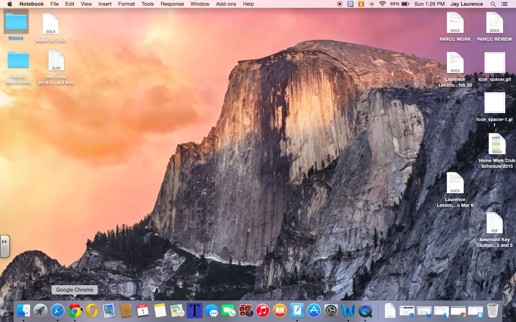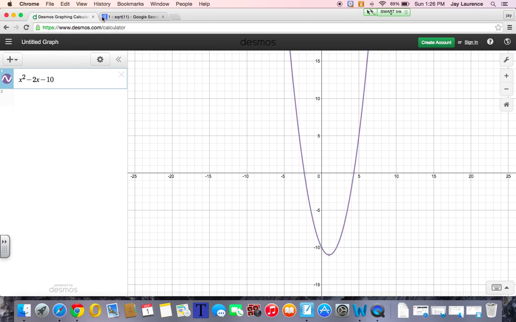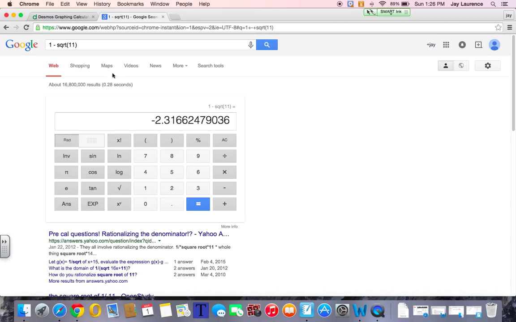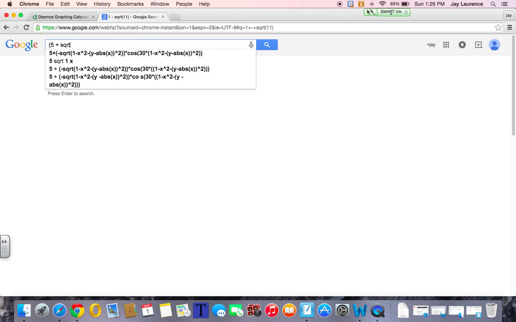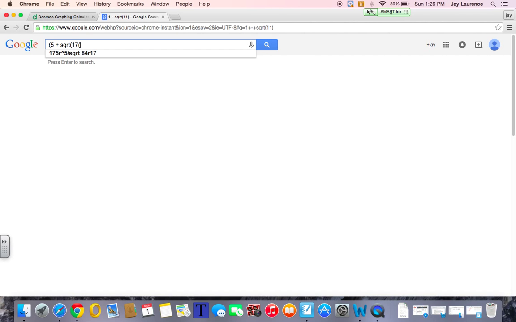So, I don't have a calculator handy, like I said, but I'm going to go here, and I'm going to start a parenthesis, and I've got 5 plus the square root of 17, and I want to divide that by, what is it that I want to divide that by?